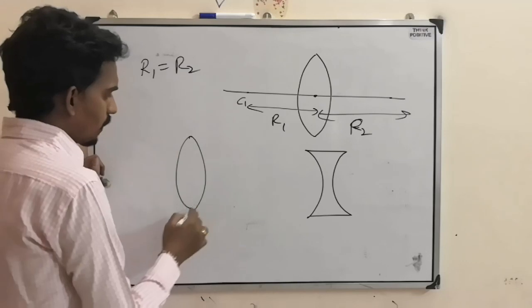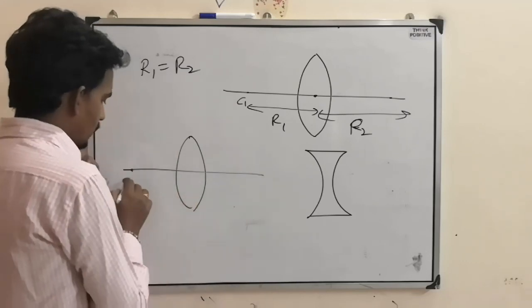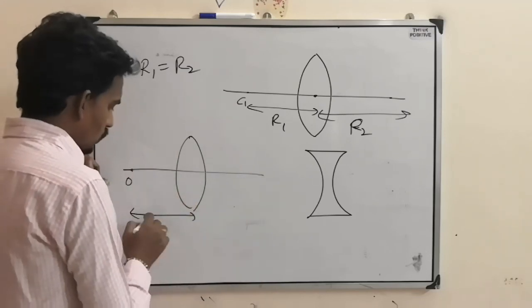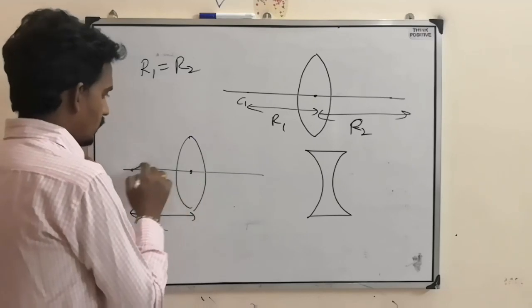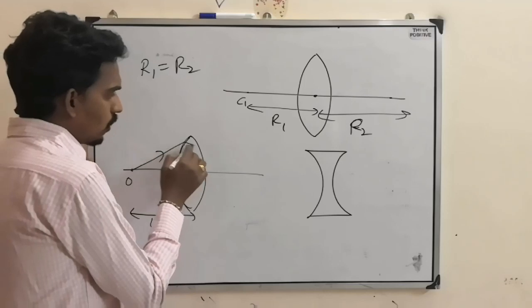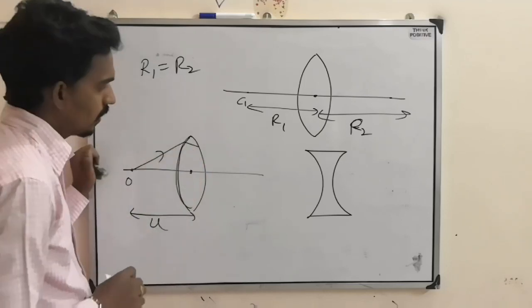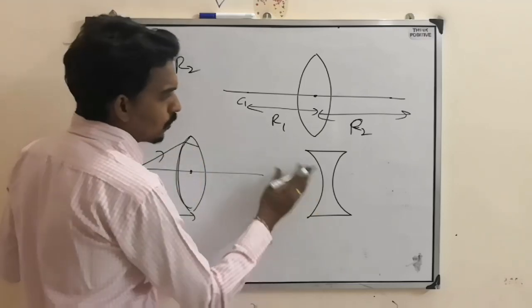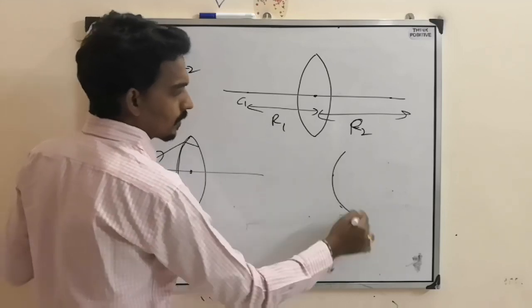For example, if there is an object at a distance u from the optical center, then the ray will go and hit the first interface and undergo refraction. It is like refraction through one surface.